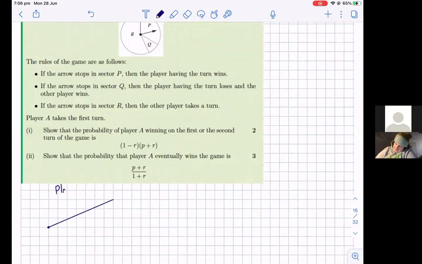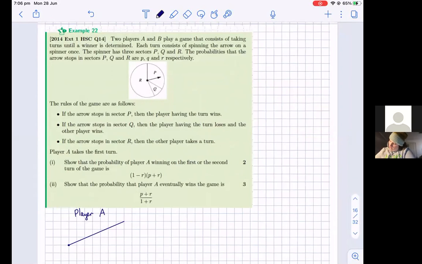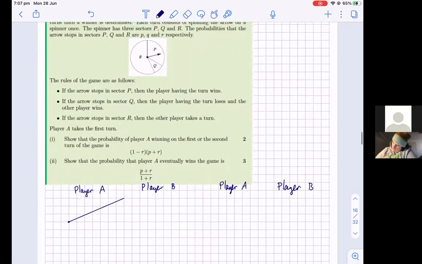Player A. So the player having the turn wins. Player having the turn loses. Okay, player B.